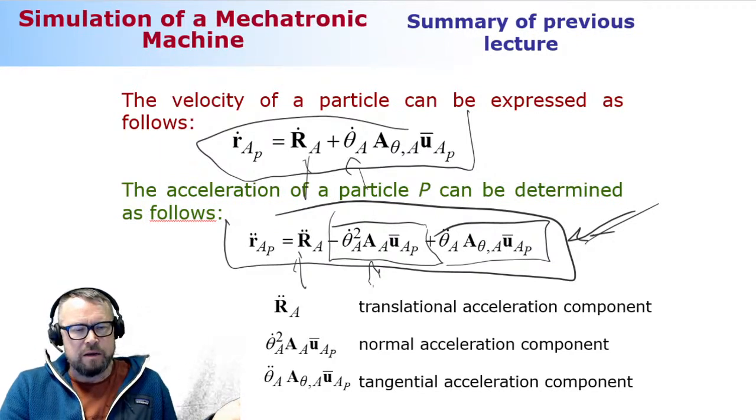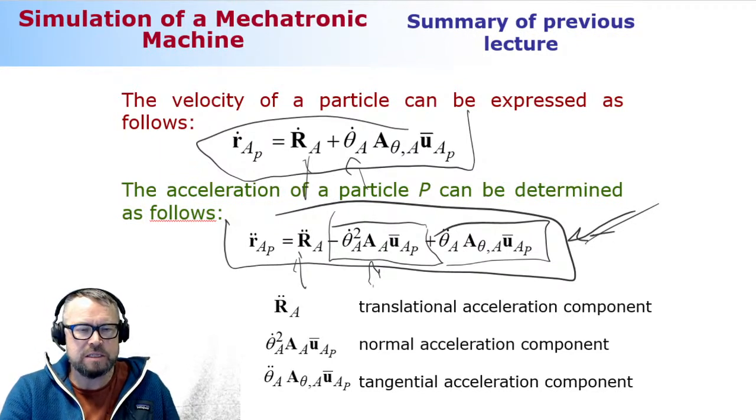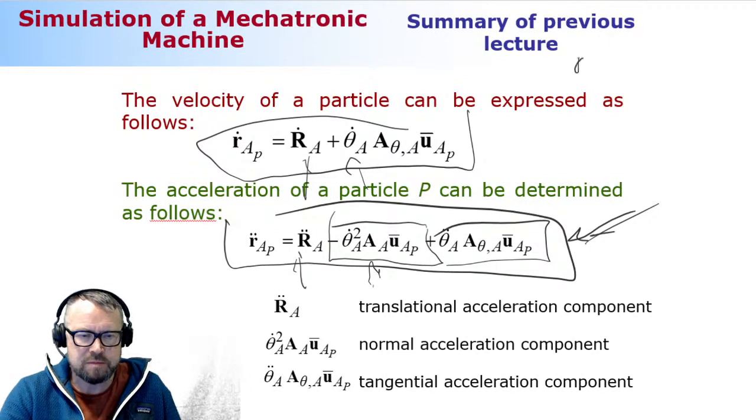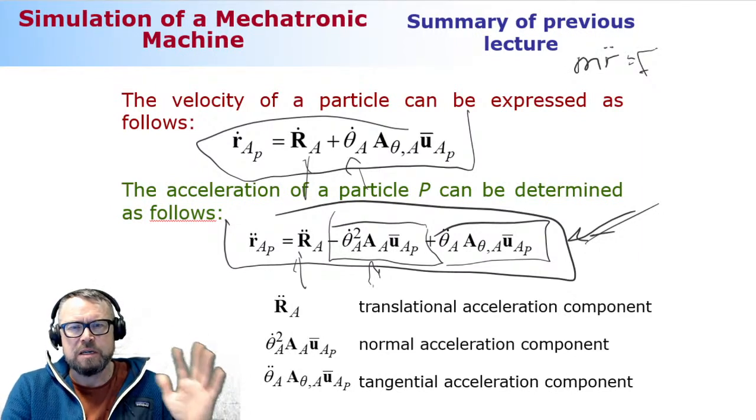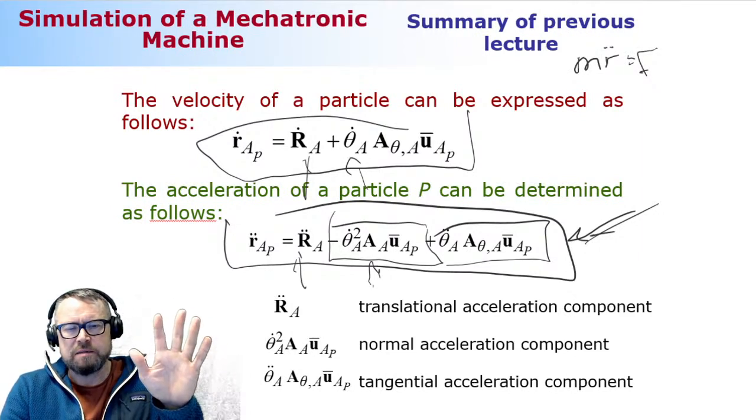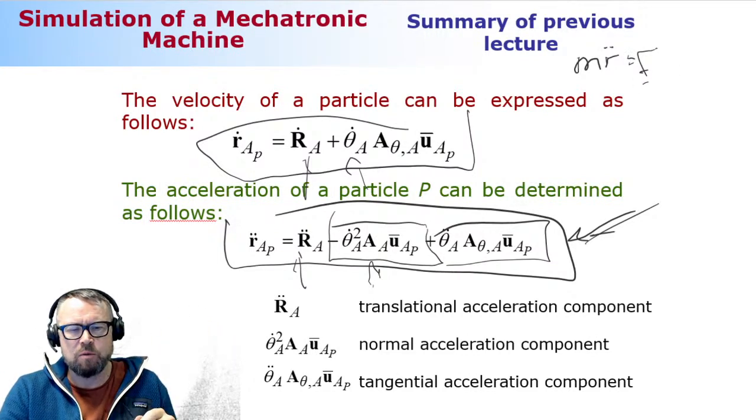Because eventually what we're going to do is this: mass multiplied by acceleration is equal to forces. This is our dynamics. But don't look at that in detail yet because we have not discussed the forces yet. Basically what this says is that inertia forces, which is mass multiplied by acceleration, are equal to external applied forces. All right, but we will get back to this after a week and a half.